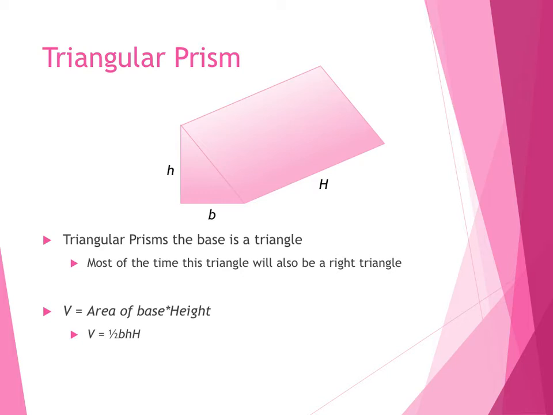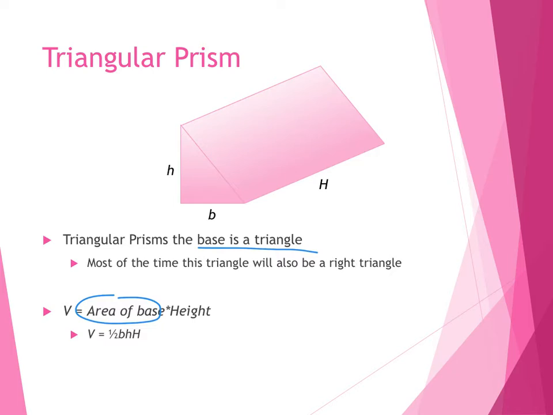For a triangular prism, the base is a triangle, and most of the time the triangle will also be a right angle. It doesn't always have to be, but most of the time it will be. For the volume of a triangular prism, we're going to have the area of the base. Now remember, this is going to be the area of a triangle, because the base is a triangle, times the height.